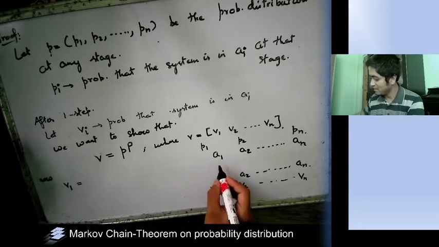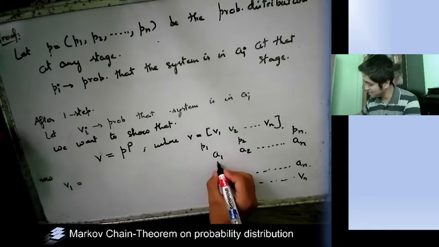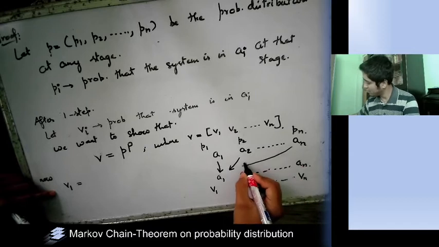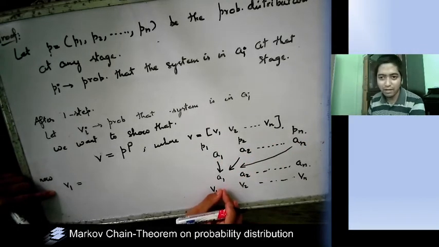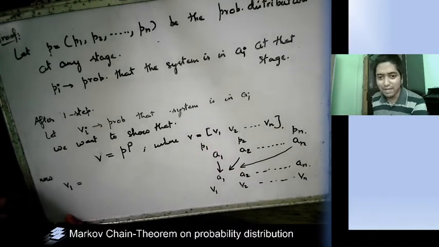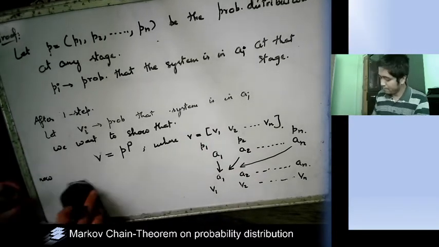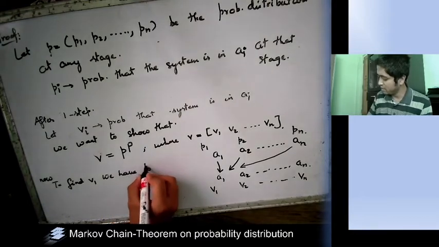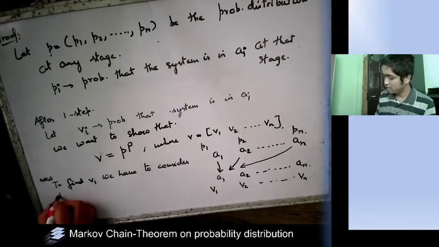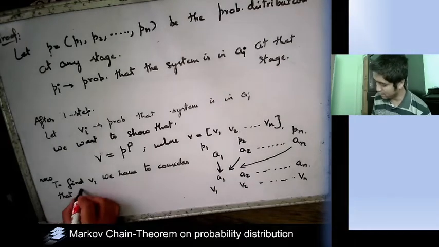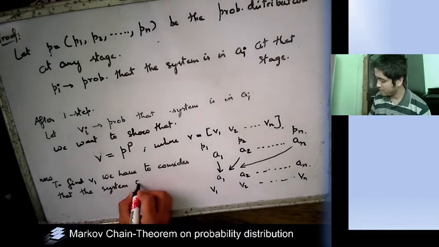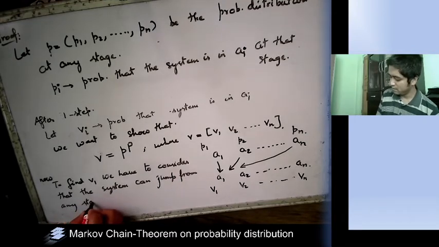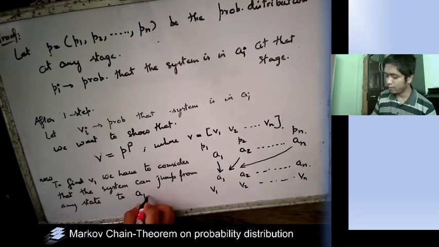The system keeps on changing. So to find V1, we have to consider that the system can jump from any state to A1.